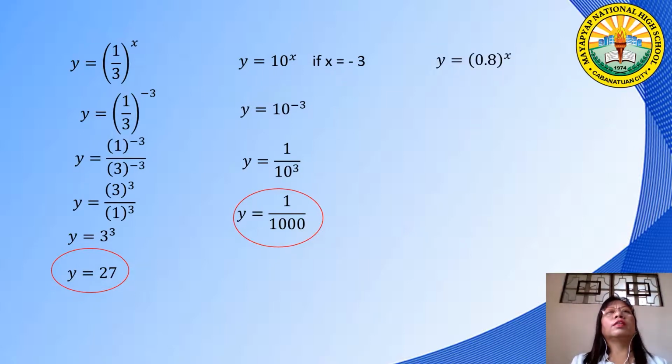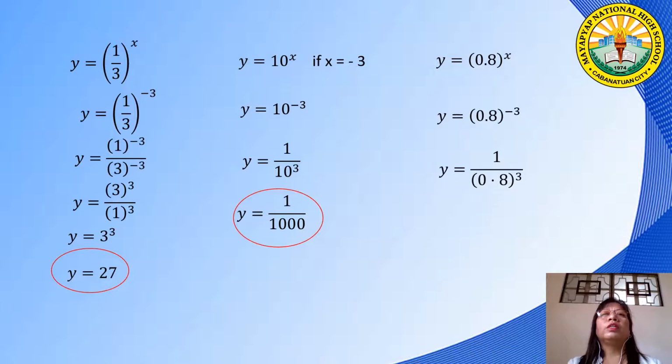And then using another example of an exponential function, y = 0.8^x. If x is -3, y = 0.8^-3, and then to simplify, make the negative exponent positive, so that becomes y = 1 over 0.8^3, or y = 1.953125.